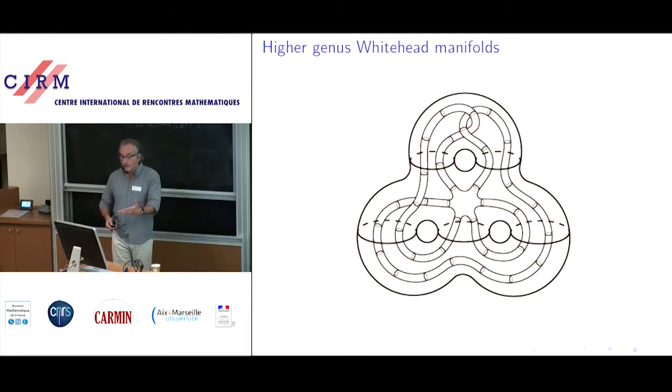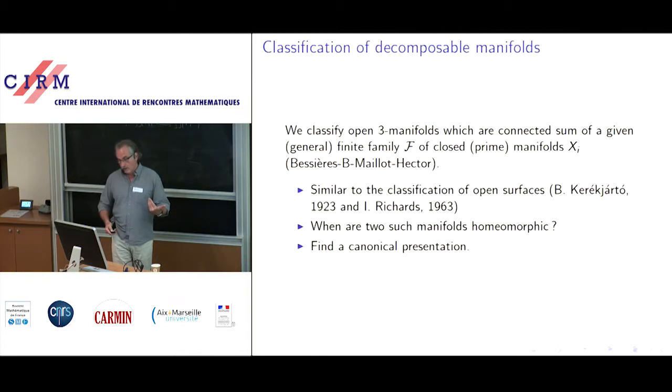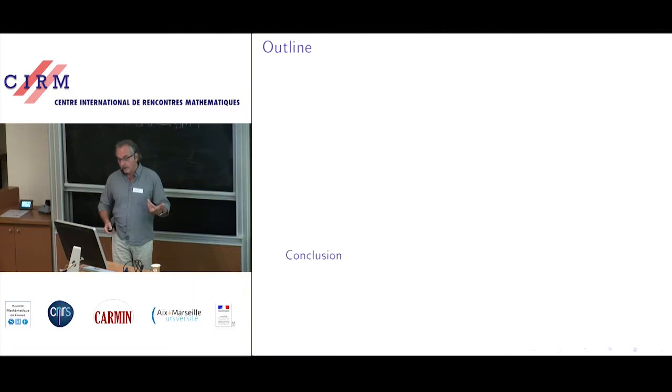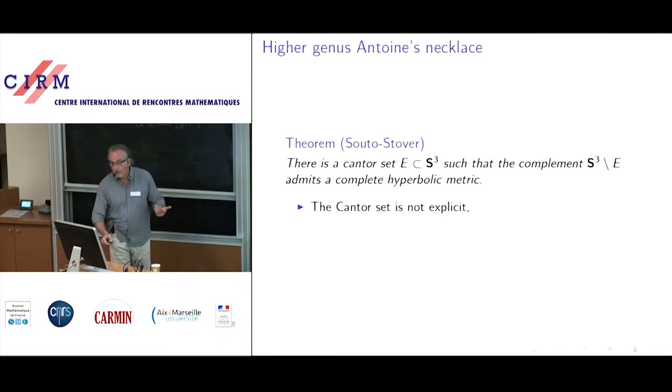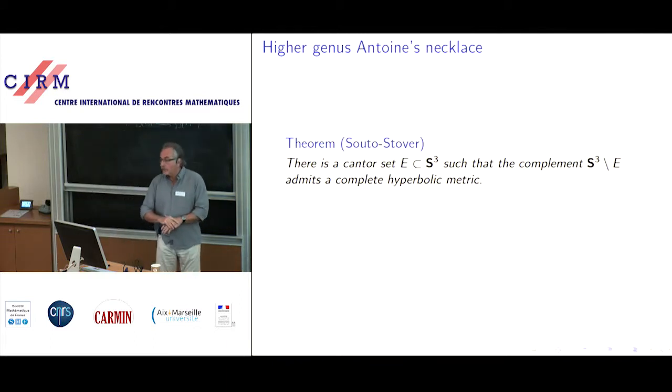And you can ask yourself, what is the metric on the complement? The only answer that I know, which is completely indirect, is this one. A very nice result due to Juan Souto and Stover says that there exists a Cantor set in the three-sphere so that the complement admits a complete hyperbolic metric.